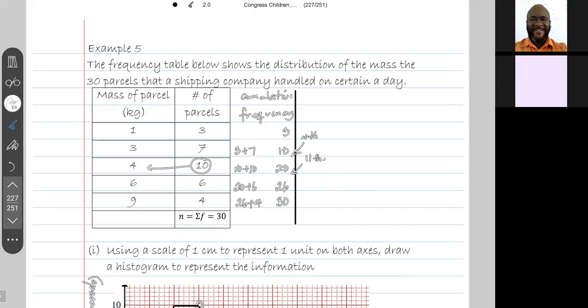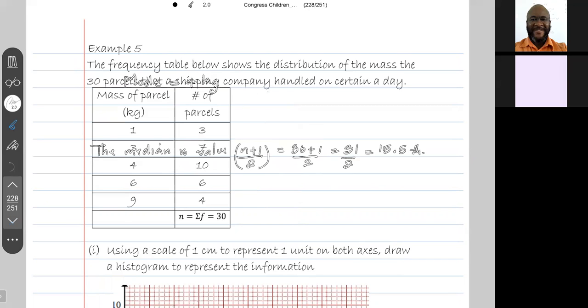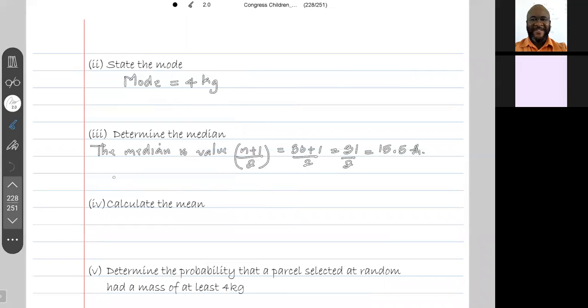Now I need the 15th and the 16th, and the 11th to the 20th value is 4. It means therefore that my median Q2 is equal to 4, which is the 15th value, plus 4, which is the 16th value, divided by 2. This is 8 over 2. This is equal to 4 kilograms.